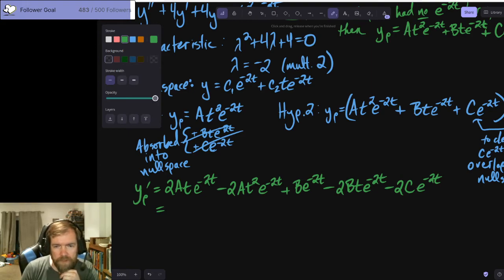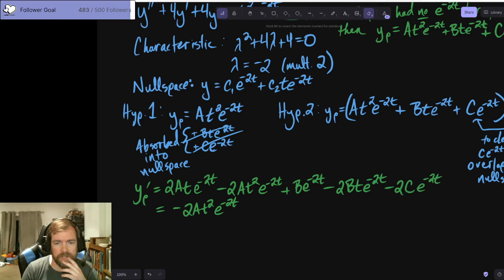All right, some of these should combine. So we've only got one squared term, negative 2at squared e to the negative 2t. And in fact, let's factor out e to the negative 2t from everything and then just leave it by itself at the end.